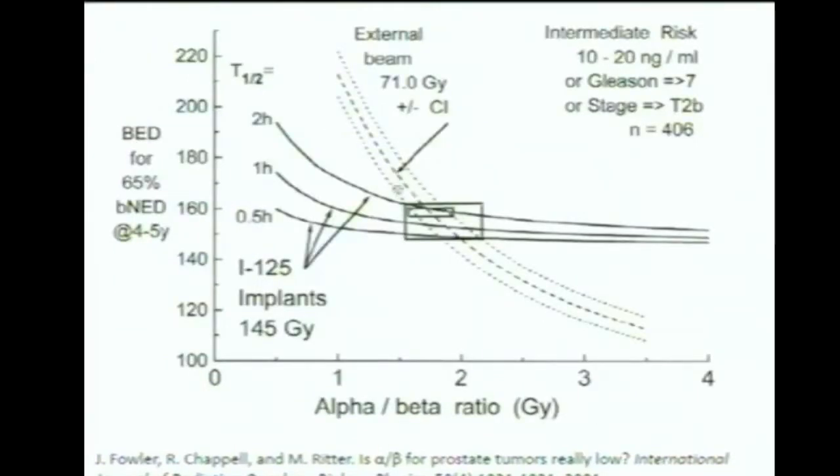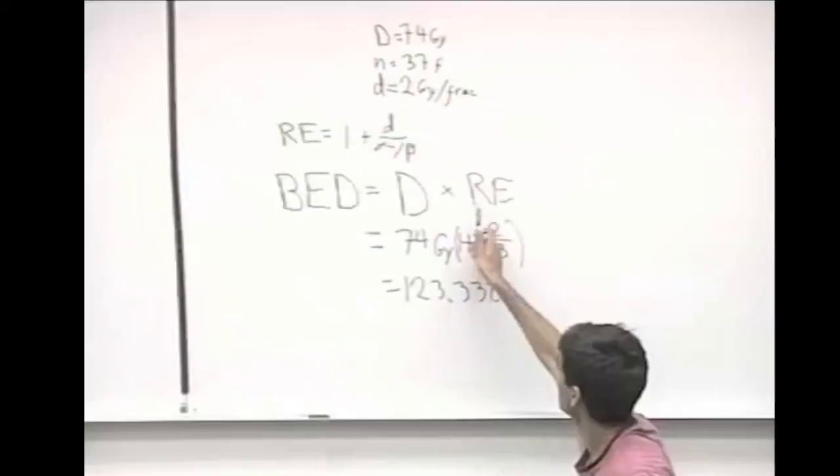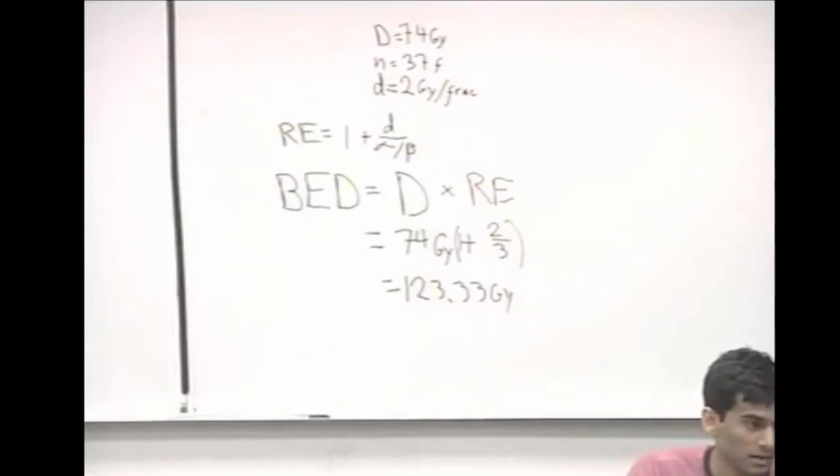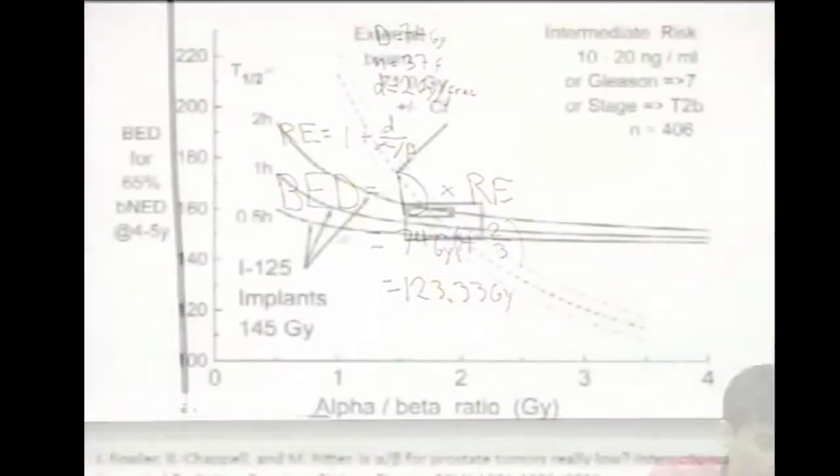And then in this next plot, these curves right here are BED versus alpha-beta ratio. Say if you were to take this expression, remember, alpha-beta ratio is included in RE. So if you take that expression and you plot it, you'd get these curves.